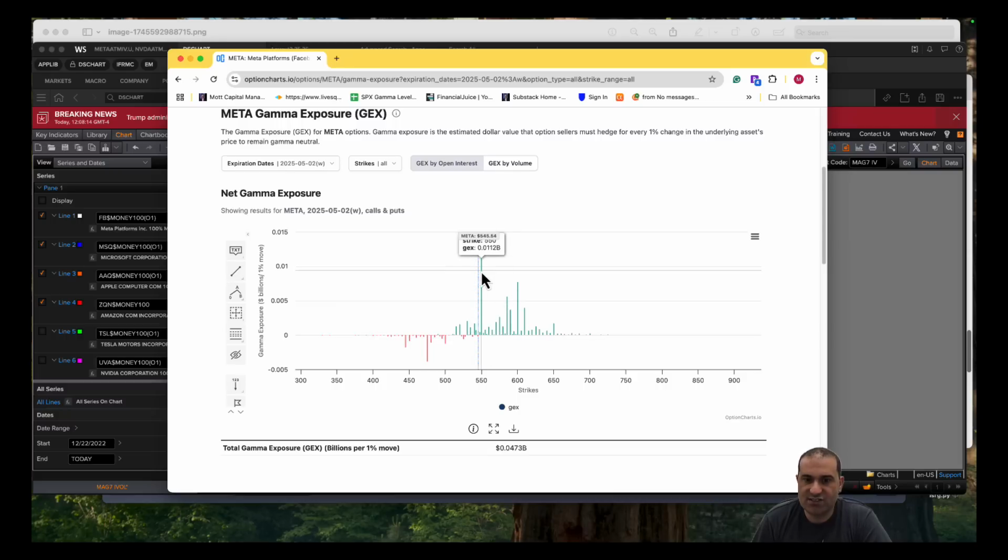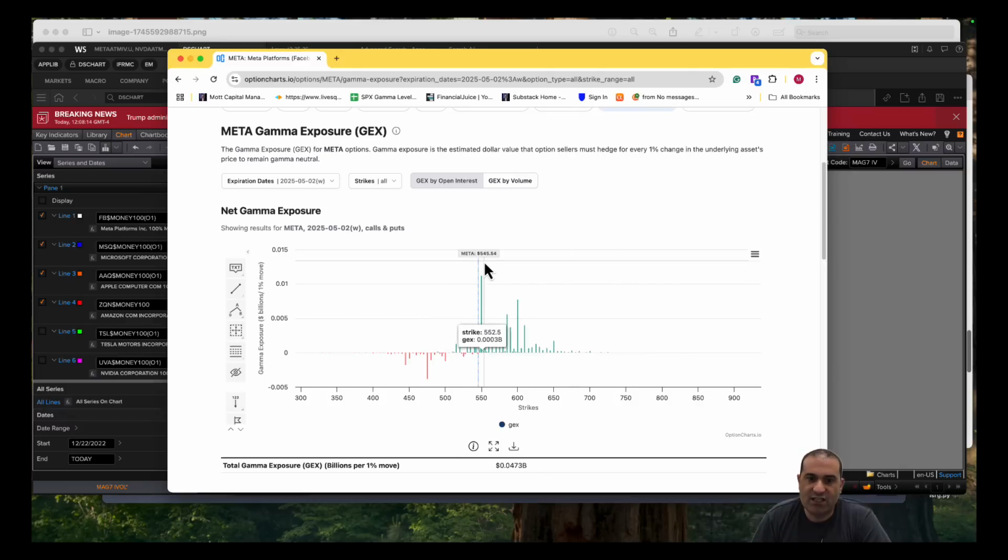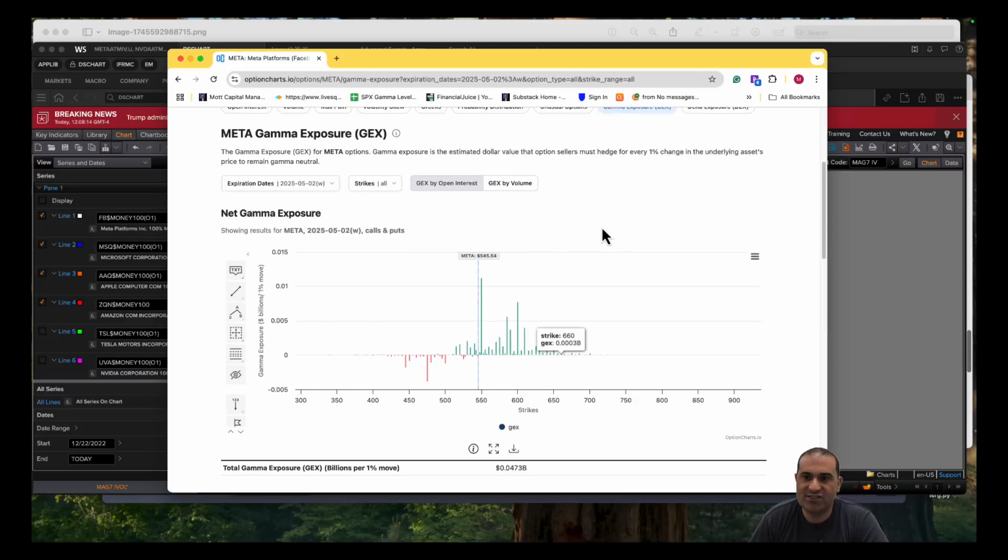Kind of gives us a sense of the area that Meta has to get above for it to really rise. And then you can see there's a lot of gamma built up again here at 600. So what it's telling us is that Meta's got to get over 550. Once it gets over 550, if the news is good, it perhaps has room to rally to about 600.